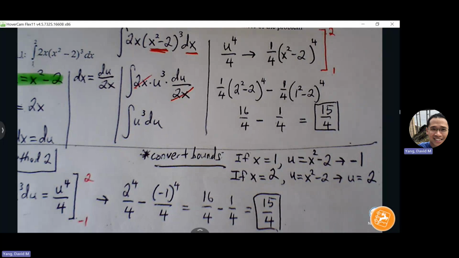Either do the bounds at the x level with the original bounds, or you can do your evaluation at the u level, but then you have to bring the bounds to the u variable as well. So it's always going to be like x squared minus 2. It depends what the u value is.